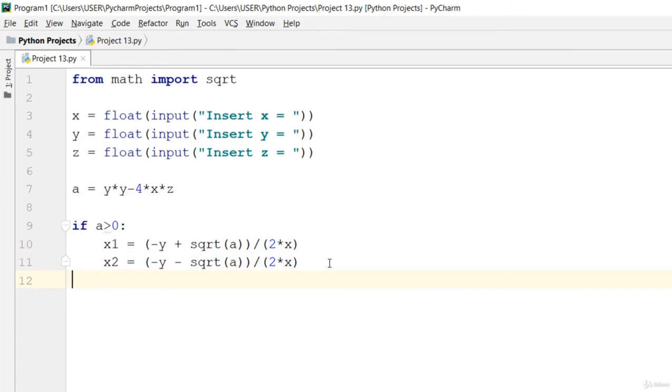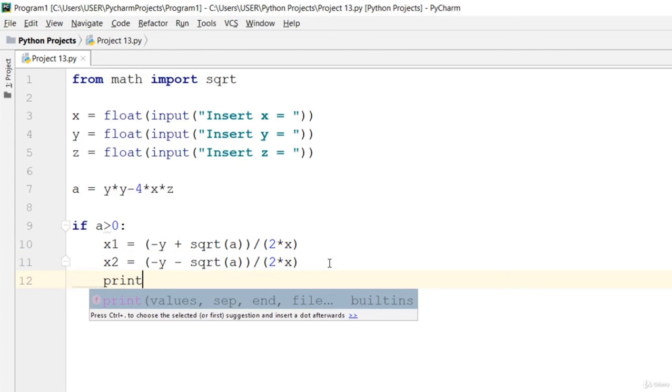Alright, now go ahead and print out the result.